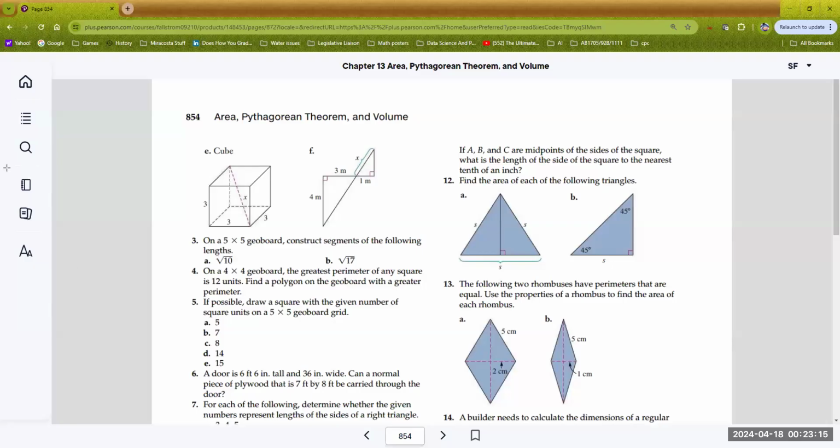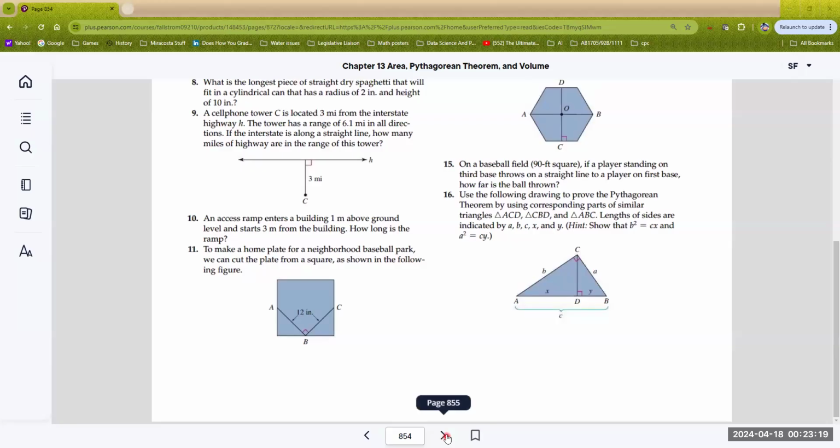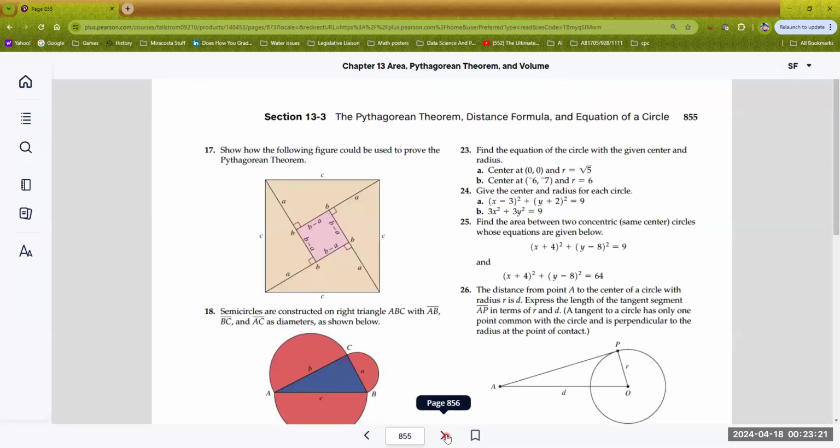17. Let's see here. Show how the figure can be used to prove the Pythagorean theorem. Now, I did put this in the video for the homework, so I recommend taking a look at that.